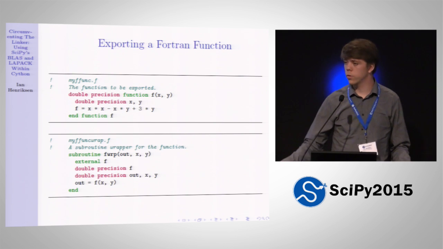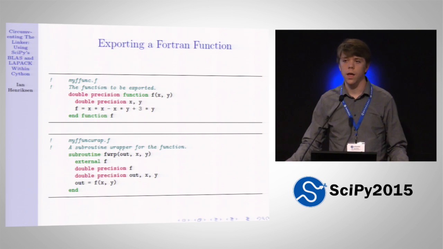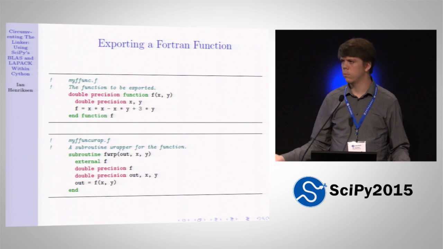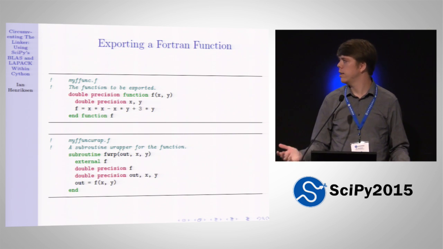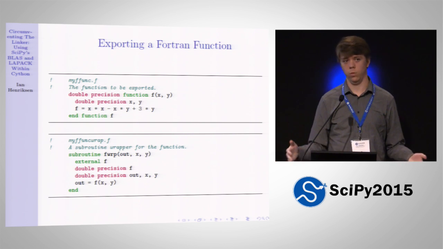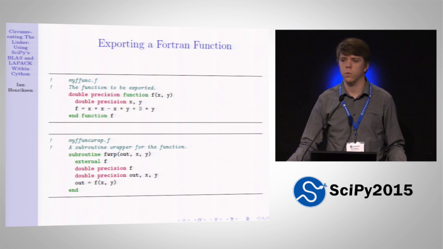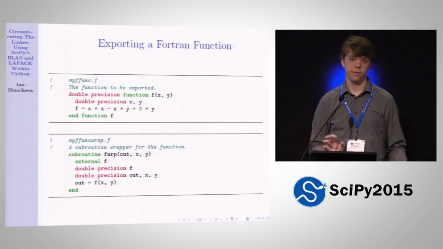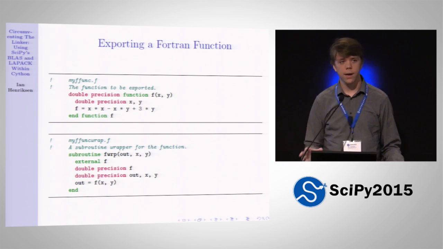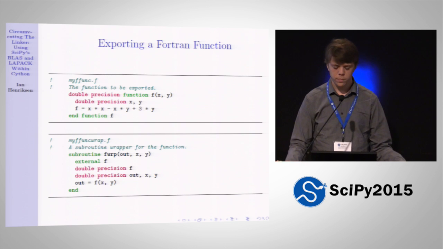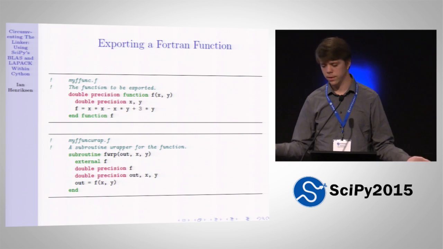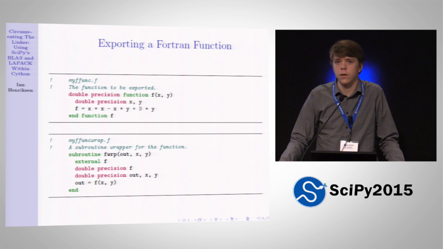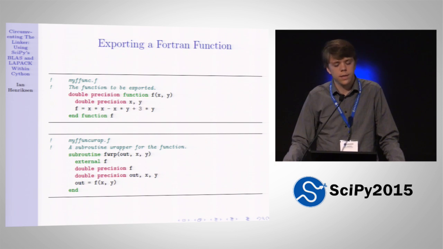The first one is a Fortran function actually returning a value. In writing this, one of the things that we found really quite hard to get to work in a platform-independent manner was wrapping the existing functions in BLAS and LAPACK, because something strange was going on with the compilers, and it was seg faulting at random times.